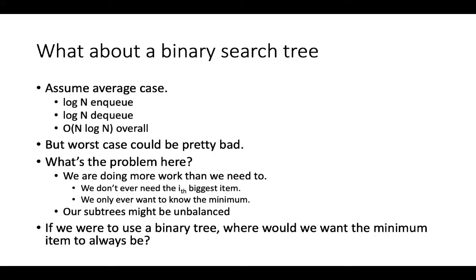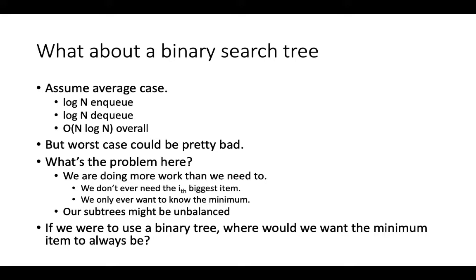Find our way to a specific leaf in order log n time. But that's more work than we really need. We don't really need to keep everything in order, right? We just need to know what is the smallest thing in the tree, right?